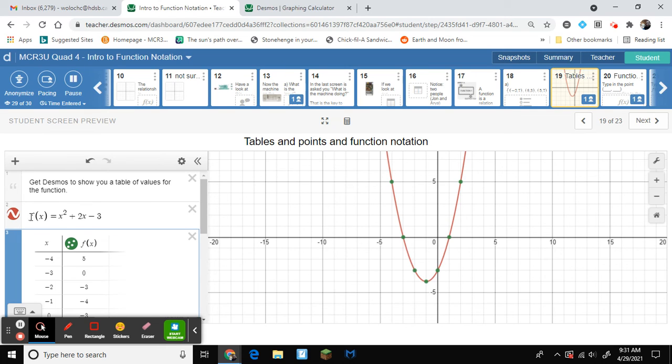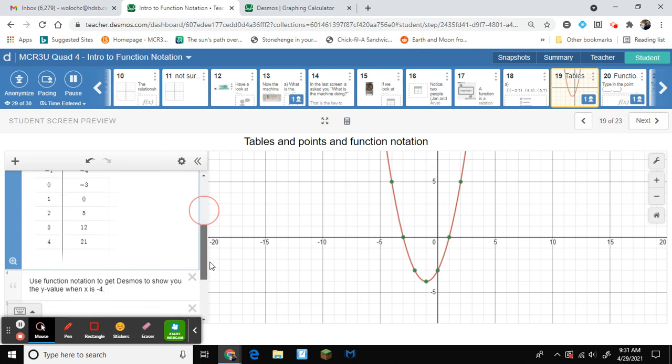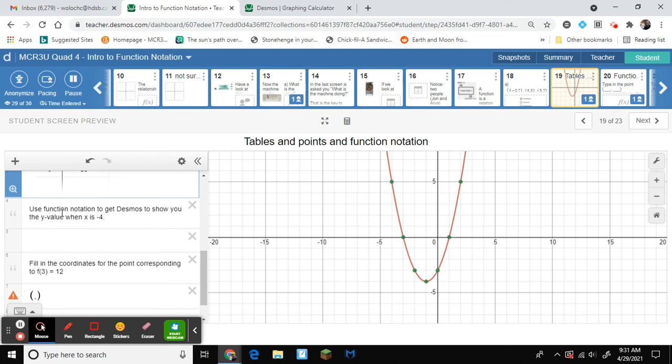So again, notice the way I wrote the equation, I didn't write it with y equals, I wrote it f of x equals. And then here, using function notation, it shows you the y value when x is -4. So here, all I've got to do is, I'm using function notation, so I'm going to write f.